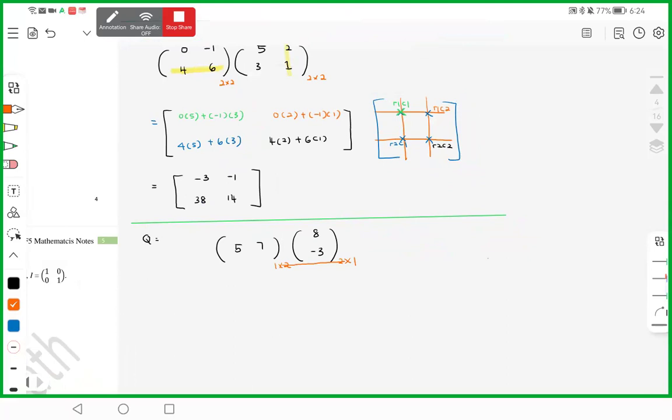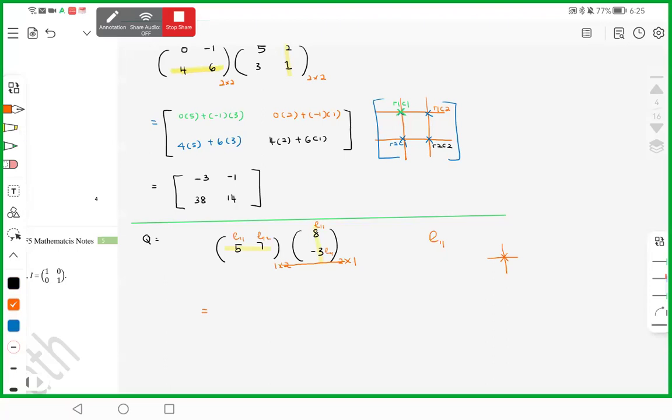1 times 1 means you only have one element. Since there is only one element, it is row 1 times column 1. So if you look at the numbers, it will be E11 times E11, then E12 times E21.